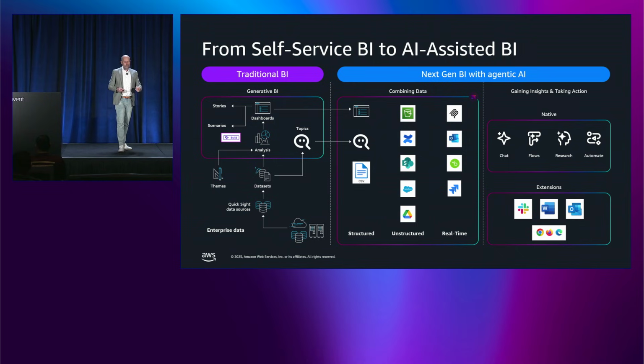And we need to keep in mind also that one of the areas that is going to be changing in the future for the good is the MCP connection to third-party data. So we have the single source of data, let's say that, and then we move into how to interact with that data. Chat, flows, research, automate, I mentioned those before. But let's go even beyond that.